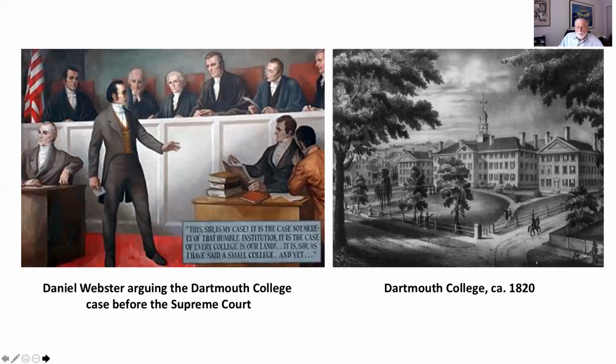Justice Story, probably the most scholarly justice, agreed, and he provided all the legal precedents. If you ever look at these opinions, you'll note that Marshall's opinion has almost no citations, and Story's concurring opinion is just full of them. But more importantly, Story told the states in the future how to bypass the restrictions of the contract clause.